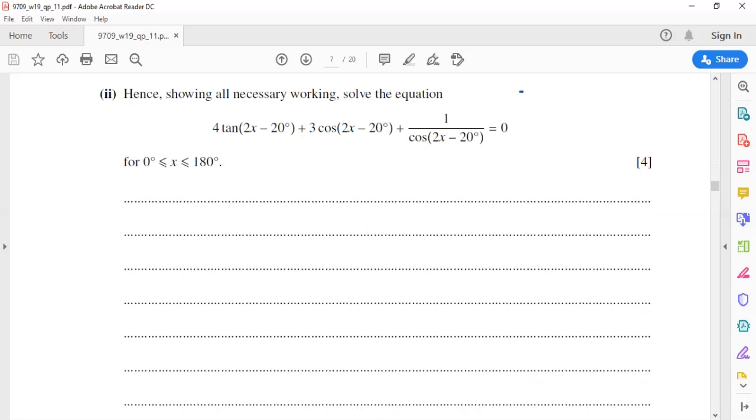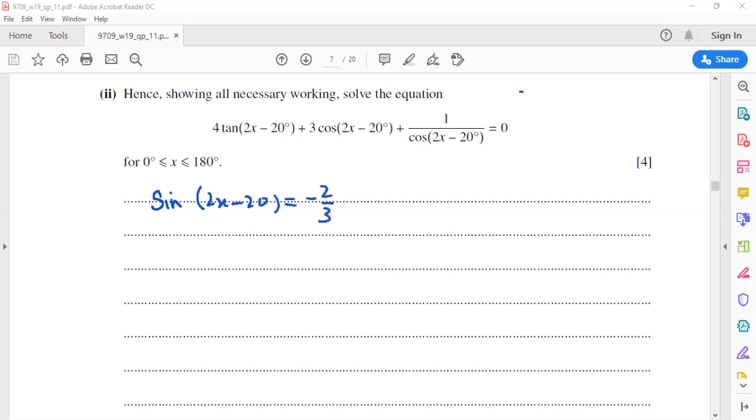If you see, the whole function is still the same. The only difference is that in place of x, he has placed 2x minus 20. So whatever answer we got in the last part, sin x is equal to minus 2 over 3, we will write sin (2x minus 20) is equal to minus 2 over 3.